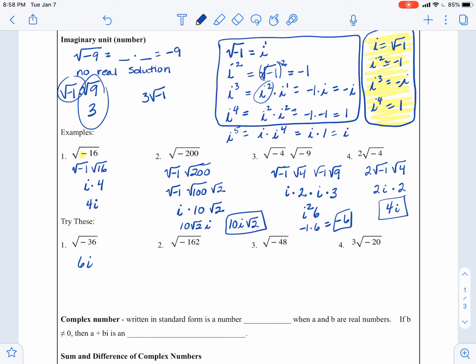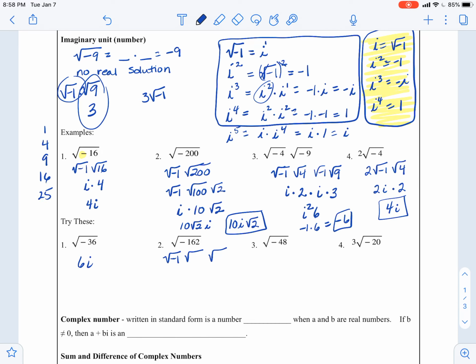Now, number 2 goes back to what we did on the last video when we were simplifying radicals, because now 162 is not a perfect square. So what I need to know is which one of my perfect squares will go into 162. Again, that's that list we talked about before, 1, 4, 9, 16, 25, and so forth.